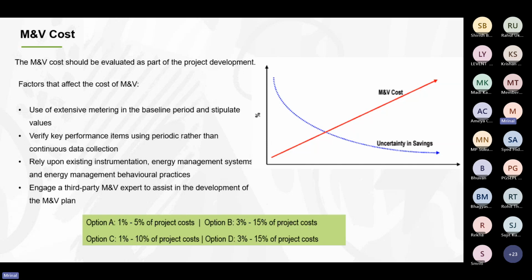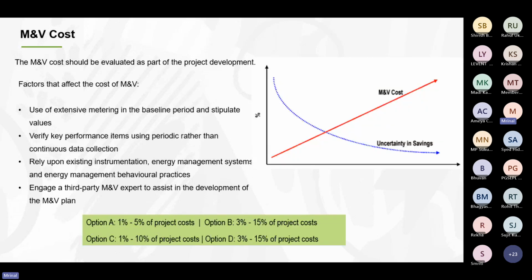So what are the factors affecting the M&V cost? If we use extensive metering in the baseline period, that will increase the M&V cost. If we verify key performance items using periodic rather than continuous data collection, then the M&V cost will be increased. Now, in the box, it is shown what the percentage of M&V cost is compared to the total project cost.